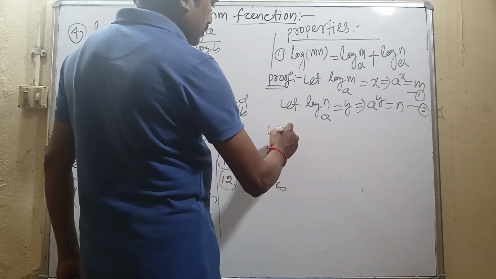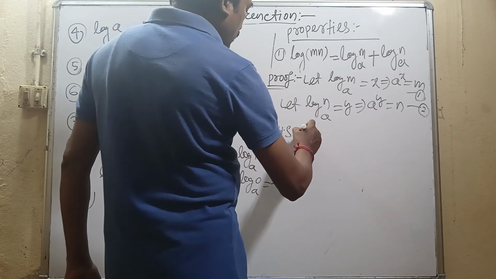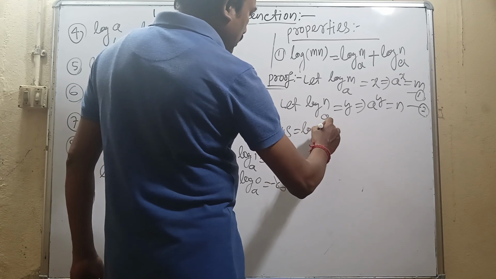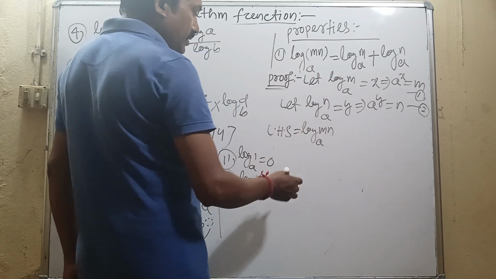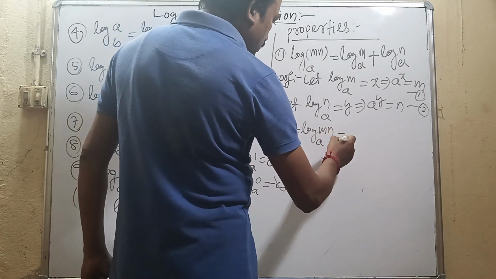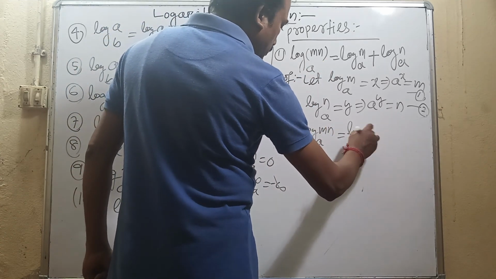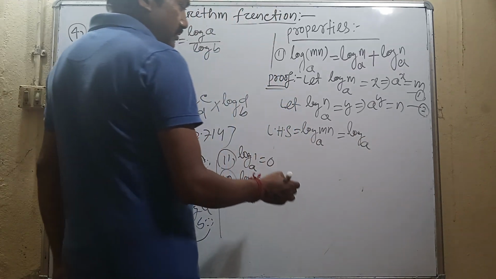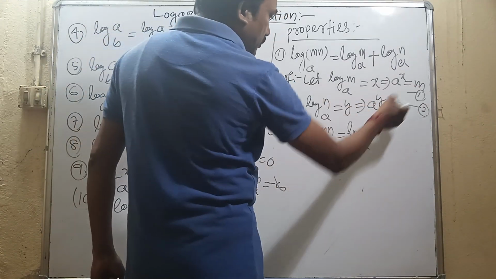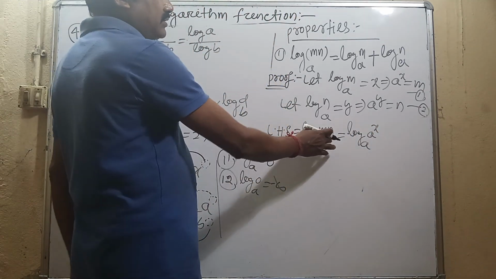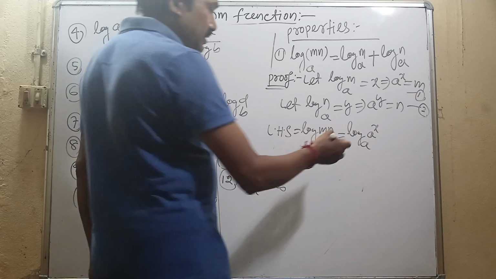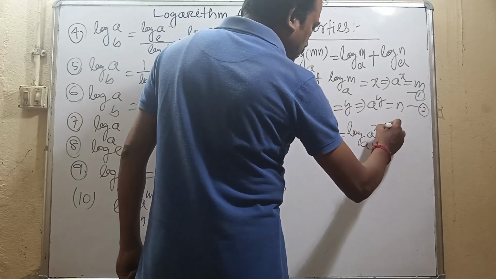LHS: log m into n base a. Put the value of m equal to a to the power x, and the value of n equal to a to the power y.